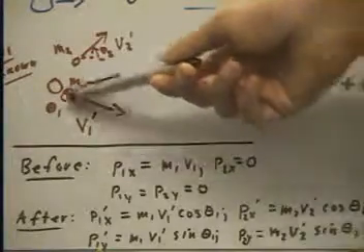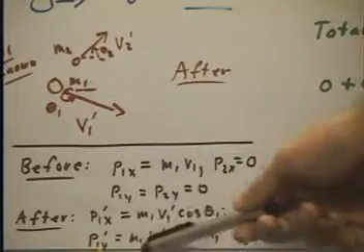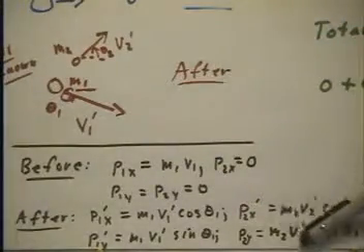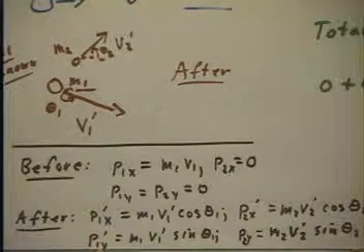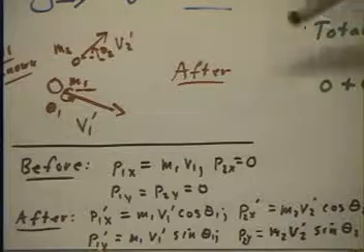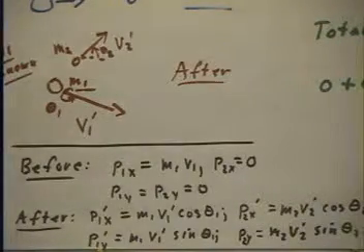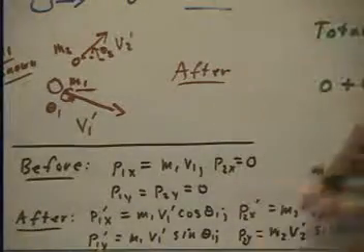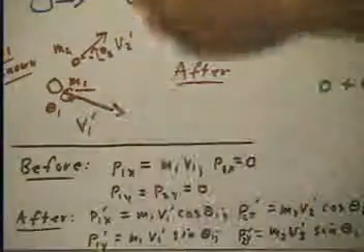The y velocity is v1 prime times the sine of theta 1. And we have similar expressions for the second mass. In each case, taking the mass times the x component of the velocity to get the x component of the momentum, and times the y component of the velocity to get the y component of the momentum. And I will note that I should have a prime down here on my p2.